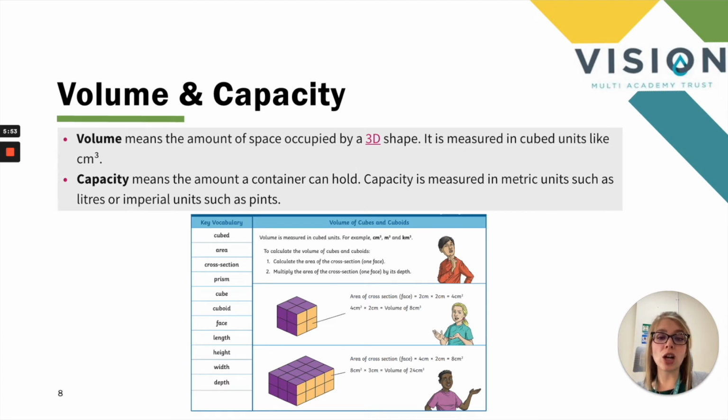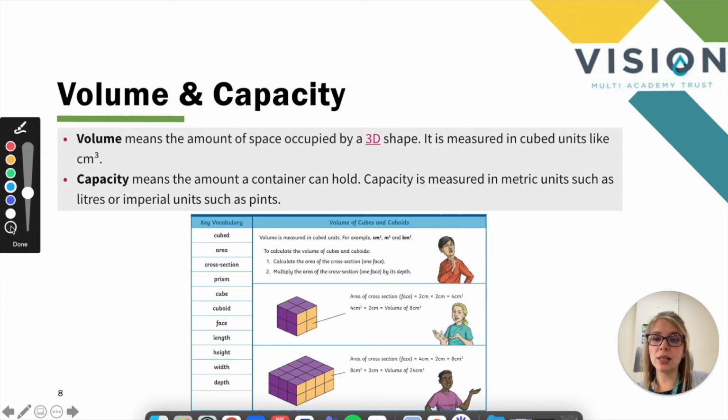So if we look on here, look at this example, looking at the volume of cubes and cuboids. We can calculate the volume of a cube and a cuboid by first calculating the area of one face and multiplying it by the area of its depth, so another face. So if I'll just get my pointer on here.